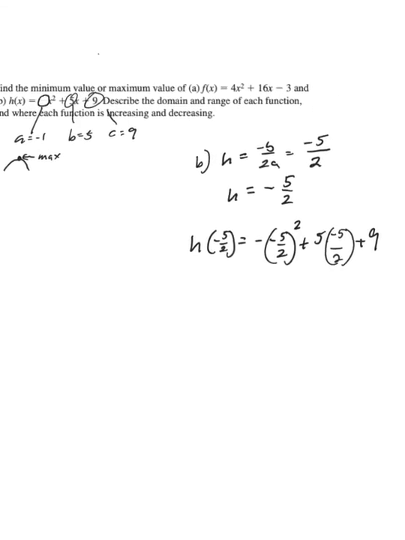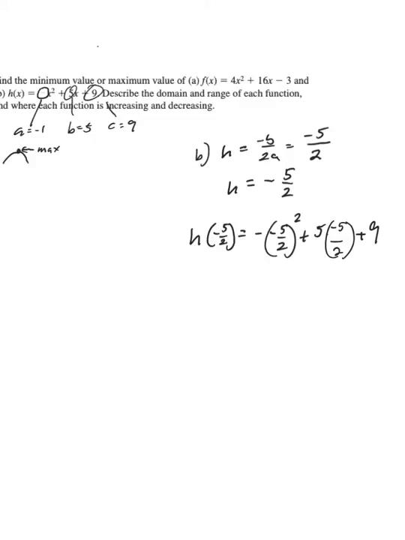That looks like a lot of excitement here. This becomes negative 25 halves, 25 fourths, plus, I should say minus, 5 times negative 5 is negative 25 halves, plus 9. I would entreat you right now to put this in a calculator.